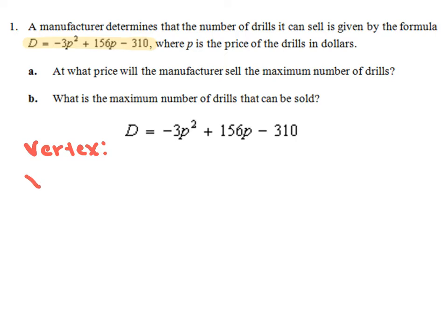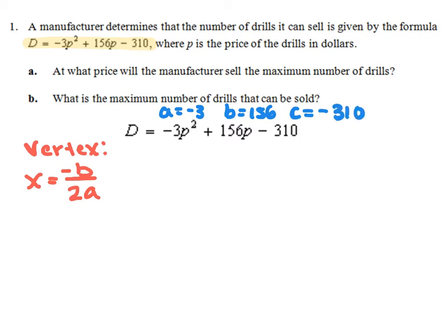we know that for the x-coordinate, x equals negative b over 2a. And from looking at what I have here, I know that a equals negative 3, b equals 156, and c equals negative 310.